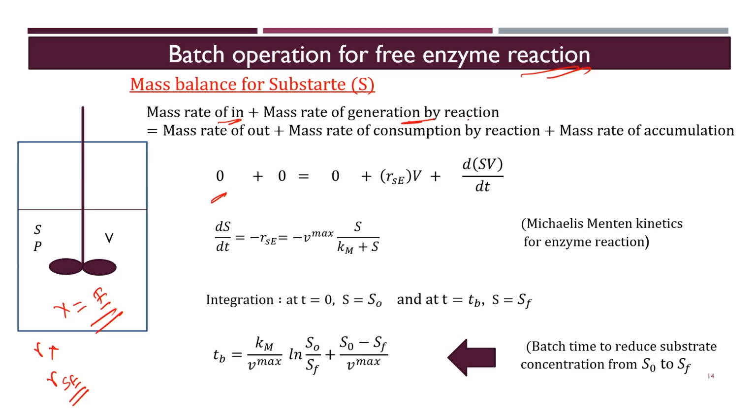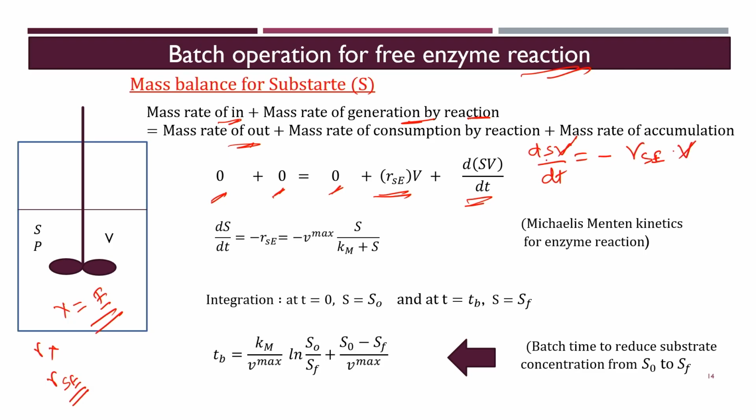Mass of generation in the reaction is 0, there is no generation of substrate. Mass going out is 0 in the batch culture. This is the rate of utilization of substrate, RSE into V, that equals plus the rate of accumulation. So, it becomes dSV upon dt equals minus RSE into V.